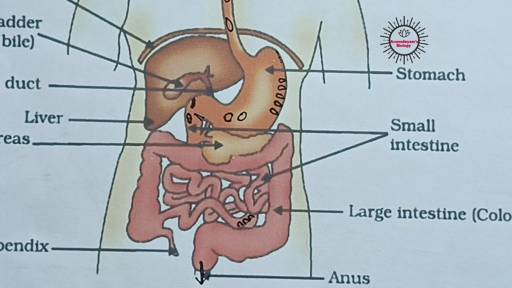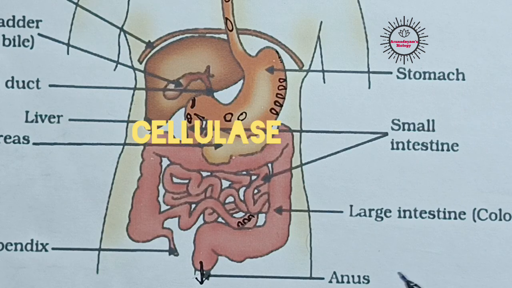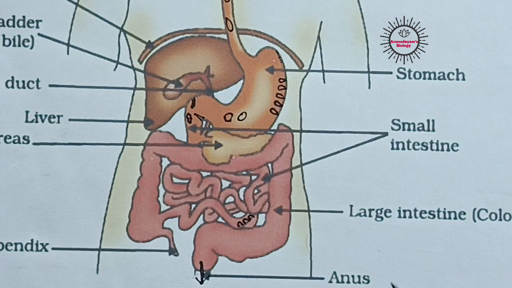That means a complex carbohydrate is present in the form of cellulose in case of plants and grass. So this cellulose is digested with the help of an enzyme called as cellulase. It is a complex process actually. The digestion of cellulose by cellulase is actually a complicated process. That's why it needs a very long time.